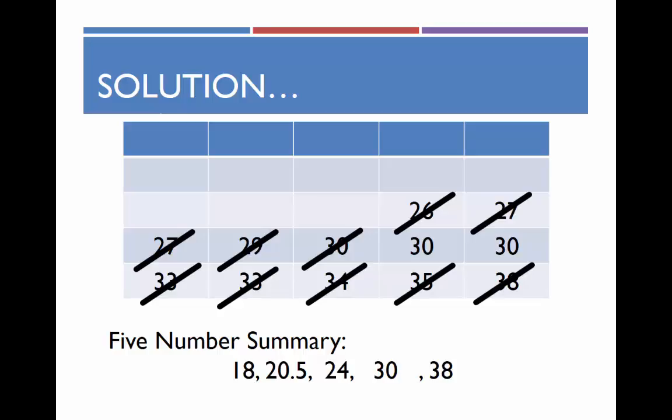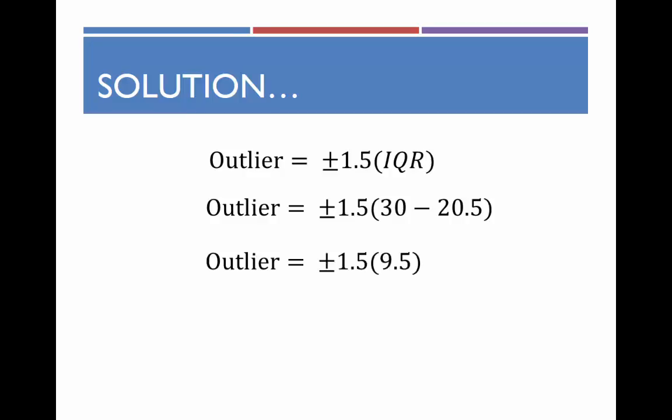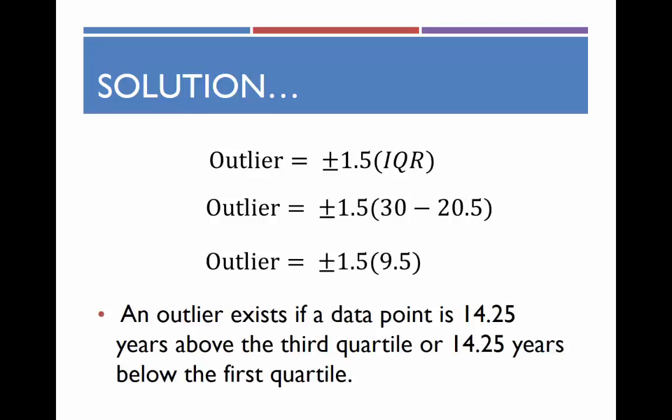was 38. In order to determine our outliers, again, we need to calculate the cutoff. Outliers can always be found by filling in the formula plus or minus 1.5 times that interquartile range. Again, our third quartile was 30, our first quartile was 20.5, and we see that an outlier exists if a data point is 14.25 years above the third quartile or 14.25 years below the first quartile.